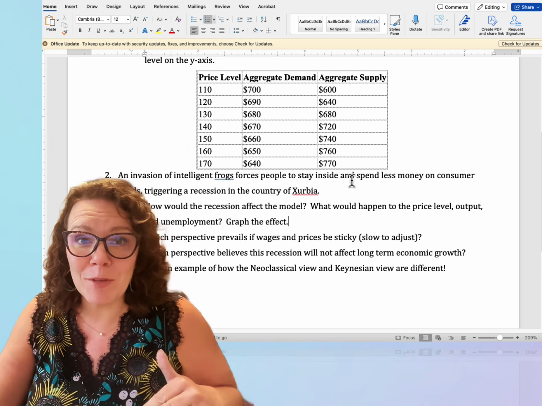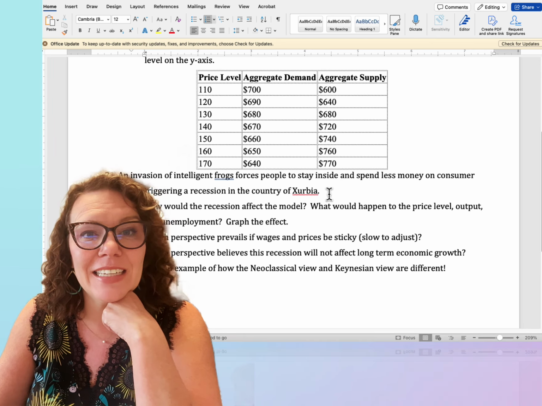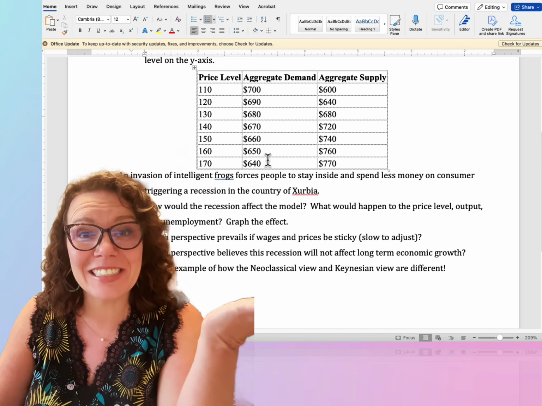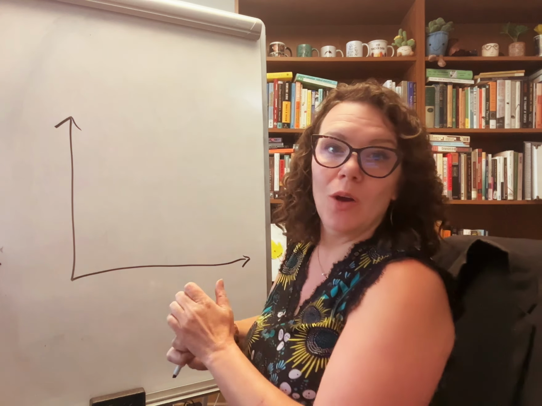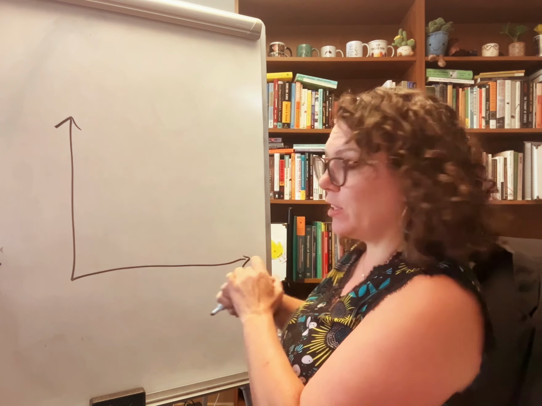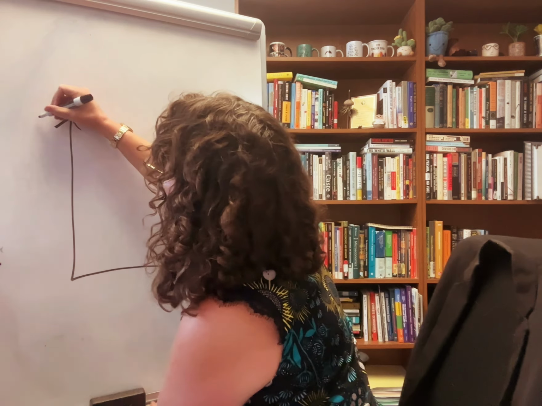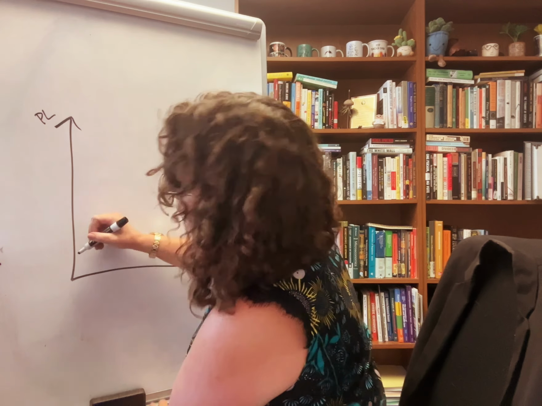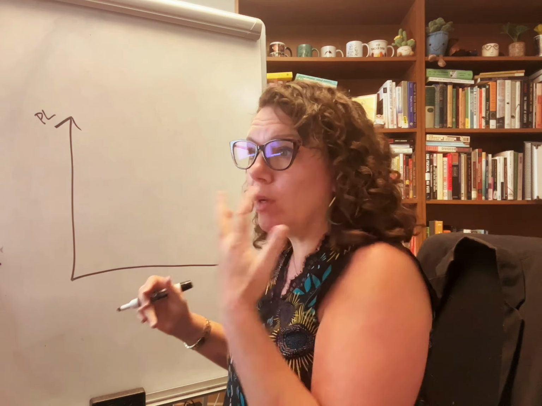So I'm going to get on the whiteboard behind me and get started graphing this, and let's see how this problem works out. Okay, so we want to get started by graphing our output or our GDP down here and our price level up here. And we've got a lot of space to work with, and we want to try and be pretty well scaled.